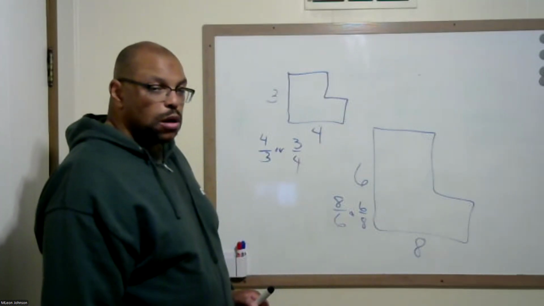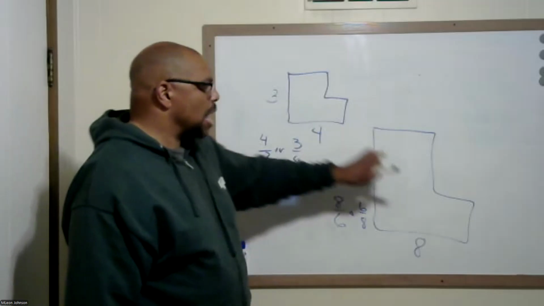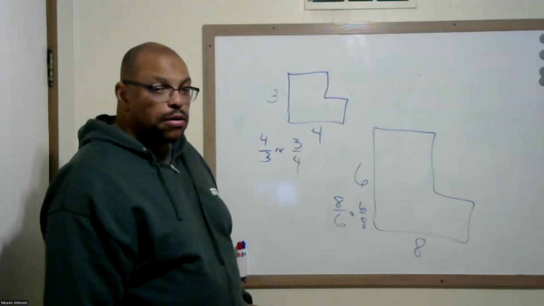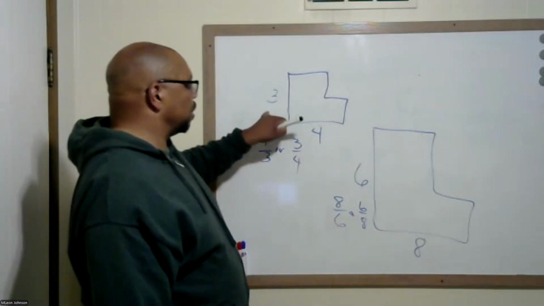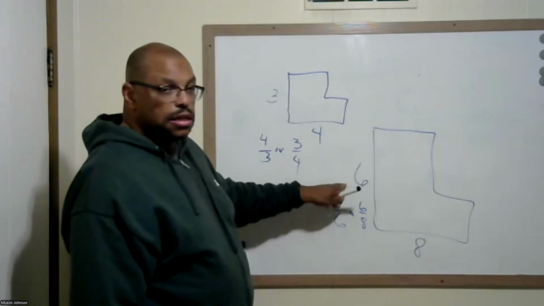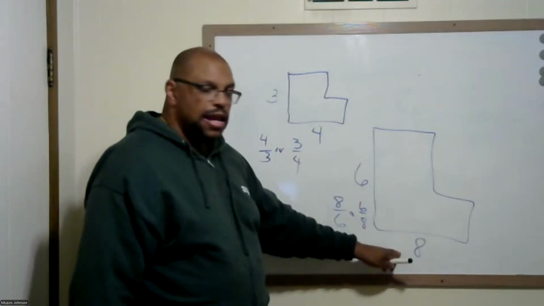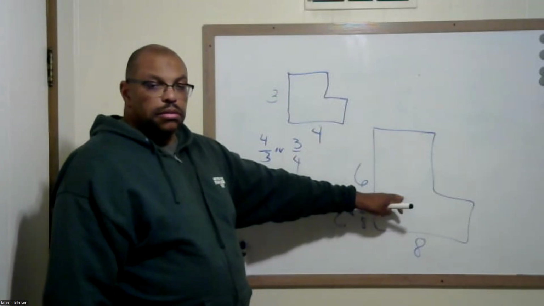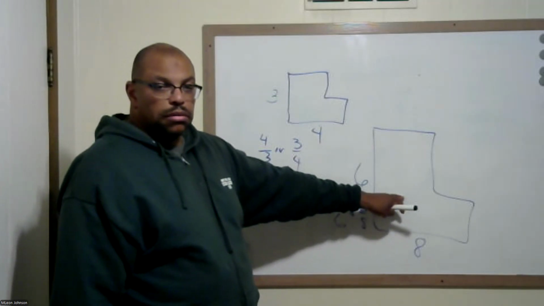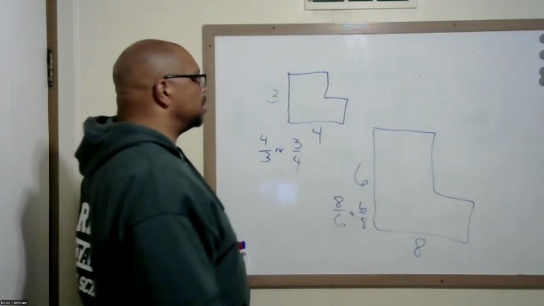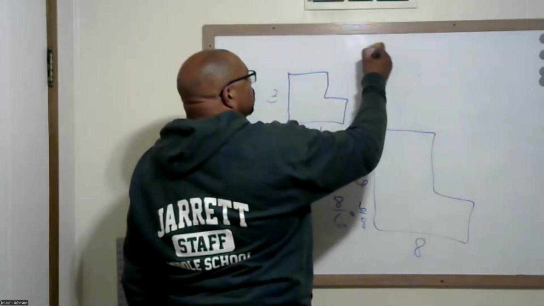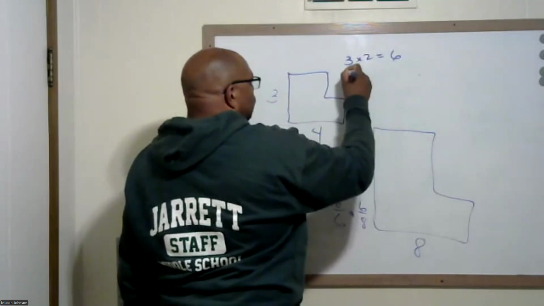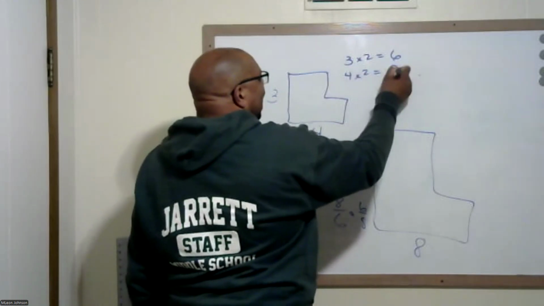Okay. So when we're looking at equivalent ratios, that's how we compare them, right? The other thing we got to think about is if this is 3 and that's 6, this is 4 and that's 8, how did I get from the small one to the big one? Yes, you multiply it by 2. So that means 3 times 2 equals 6, and 4 times 2 equals 8.